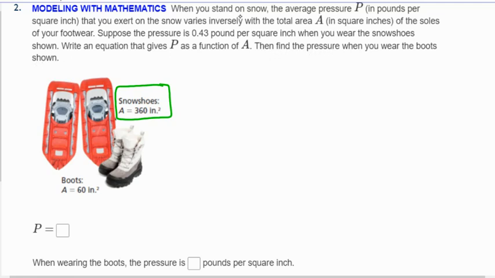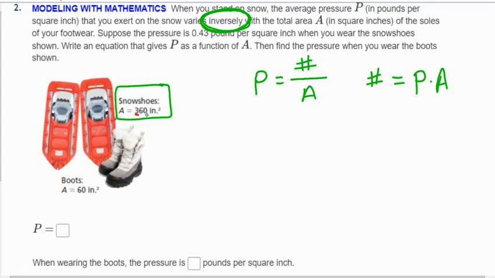So again, we have this word varies inversely, right? So that means that when we're relating P to A, we have P equals some variation constant over A. And the way that we find that variation constant is by multiplying P times A. Okay, so you're going to take this 360 and this 0.43 and multiply those together.